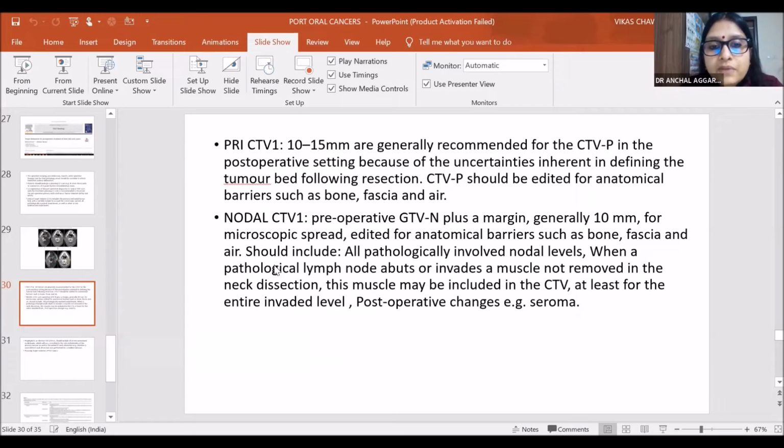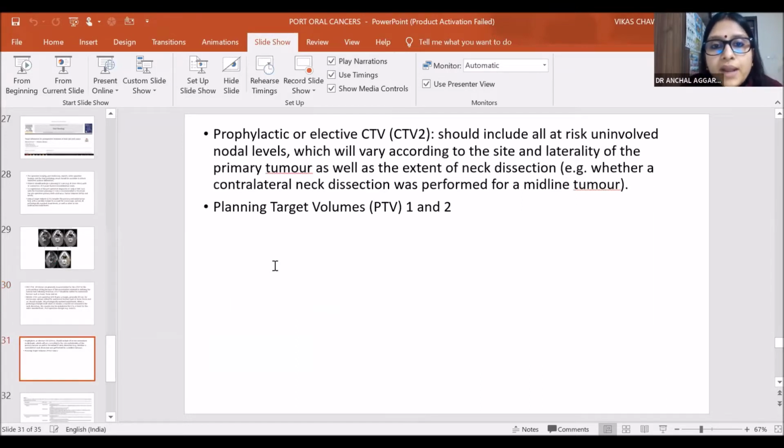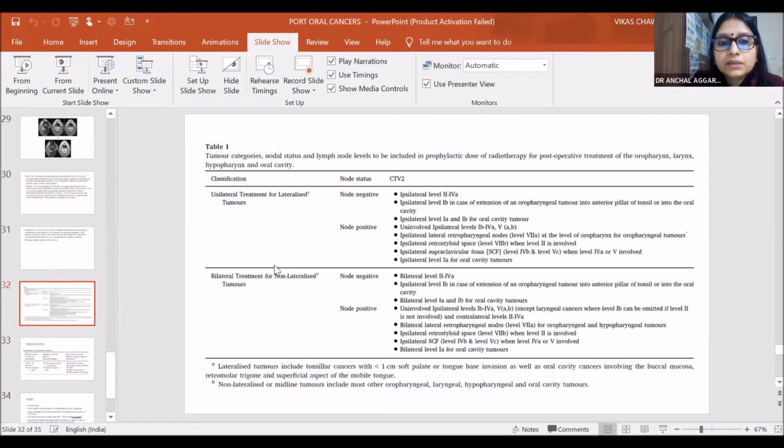And nodal CTV1 is usually a margin around the pre-operative gross tumor node with a margin of 10 mm. Prophylactic or elective CTV should include all at-risk uninvolved nodal levels, which will vary according to the site and histology of the primary tumor as well as the extent of neck dissection. And then we give a planning target volume.